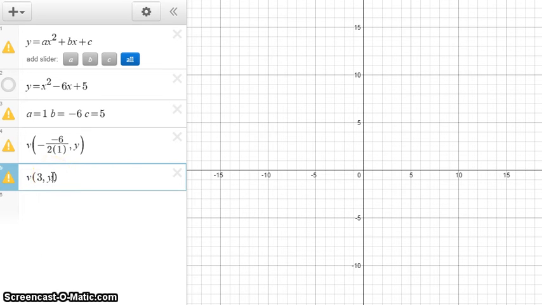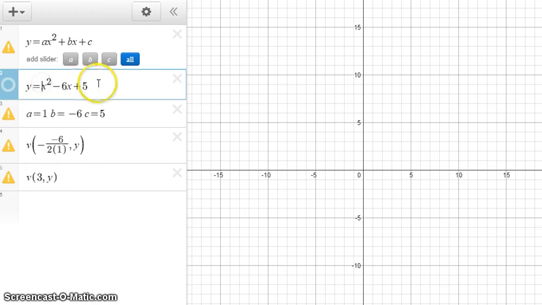Okay, so it's straightforward. Given the equation, x squared minus 6x plus 5, as long as I can put any x value in there, the equation is going to give me a y value, right? So all I have to do with this 3, in order for me to get the y, is to sub the 3 in there.